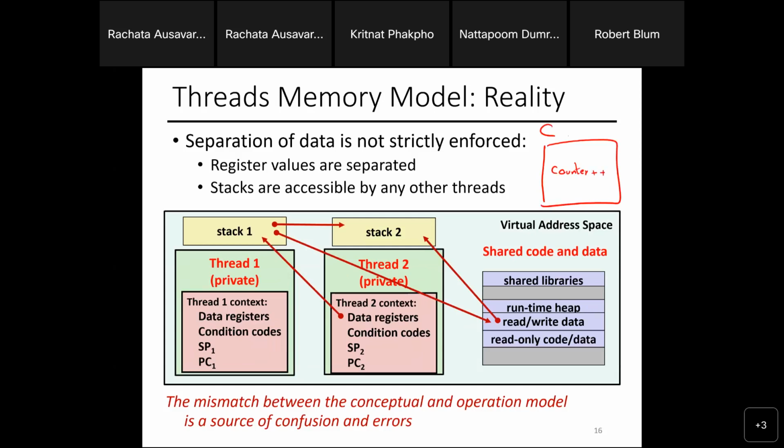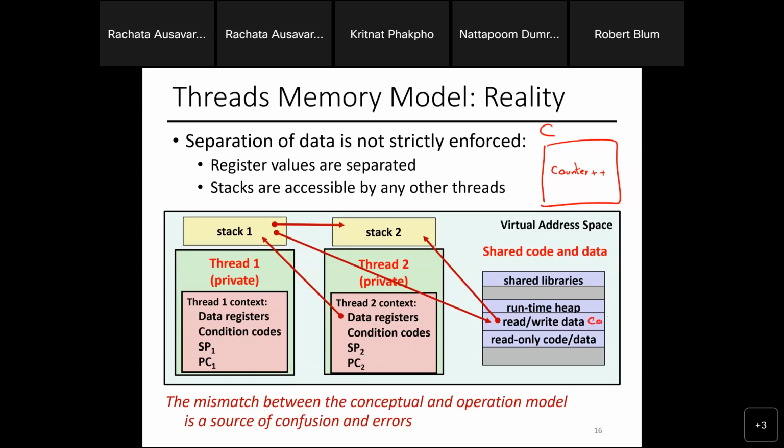Both threads need to run that line, so the counter variable is shared. When you do the increment, they share the data, even though counter is inside a local function. So a data register can load something from the stack of thread 1. It can also read and write data from memory because these are shared.